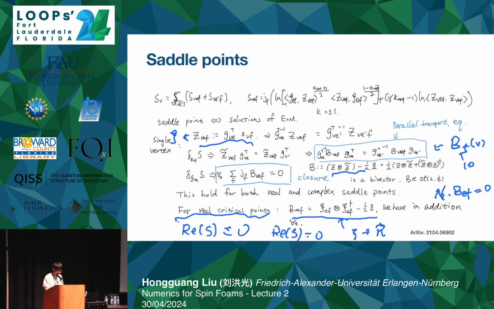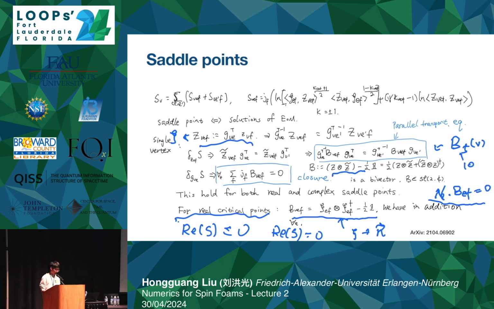What happens for the complex critical points? As we said, we don't have this condition anymore. So it's not a four simplex because its boundary is not a tetrahedron. If its boundary is a tetrahedron, we have a conormal because a tetrahedron is 3D. So in 4D, it has a normal for the 3D subspace. But for the complex critical point, we don't have this normal, which means somehow it breaks the simplicity constraint. And the simplicity constraint is equivalent to having a conormal of the 3D subspace.